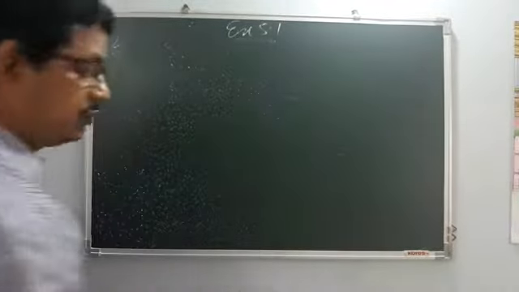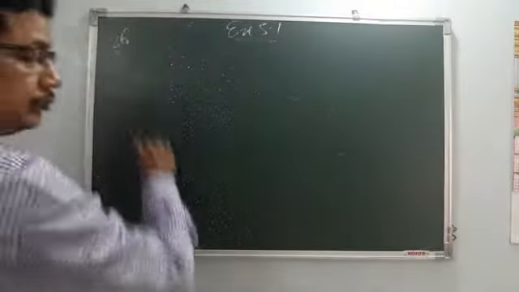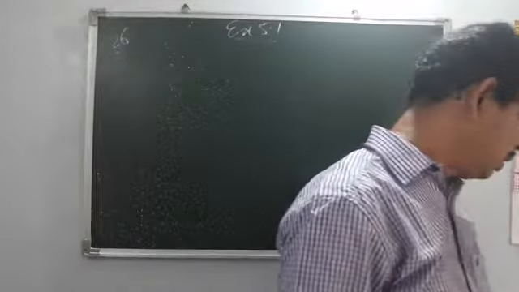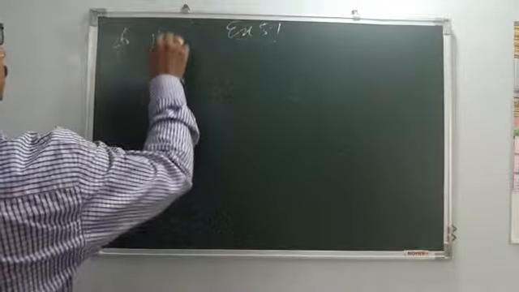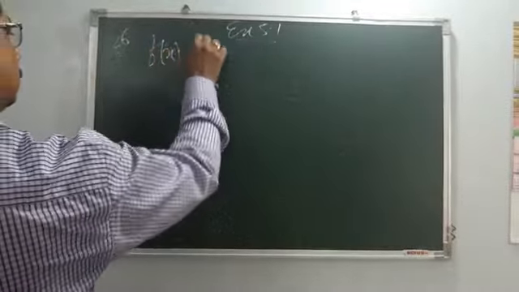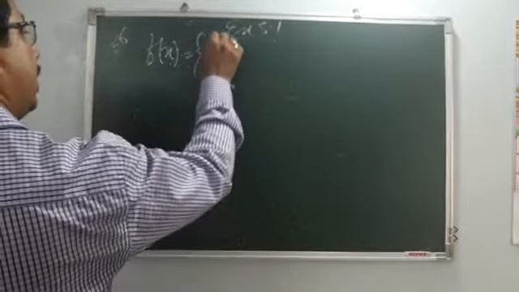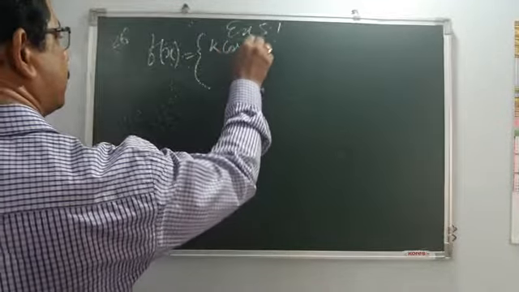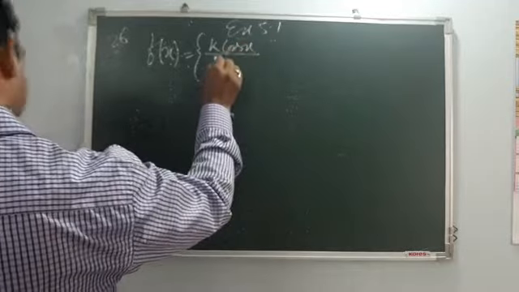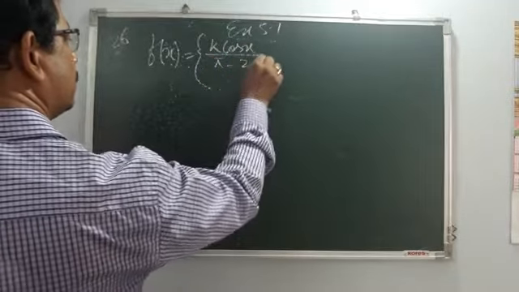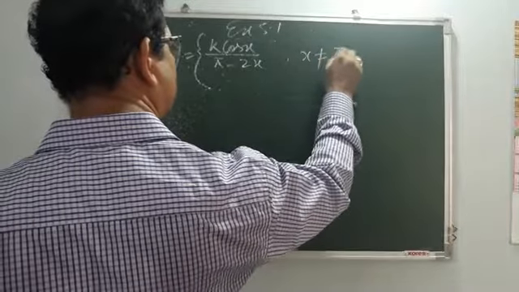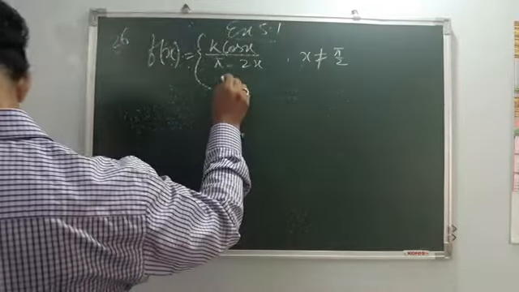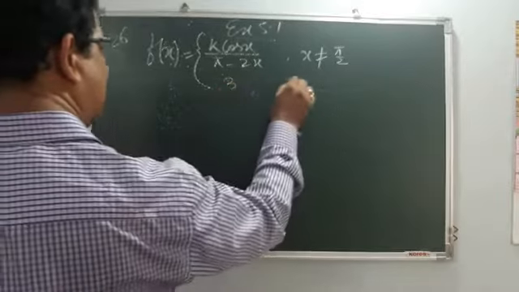So this is question number 26. f(x) is k cos x divided by pi minus twice x when x is not equal to pi by 2, that is 90, and it is 3 when x is 90.